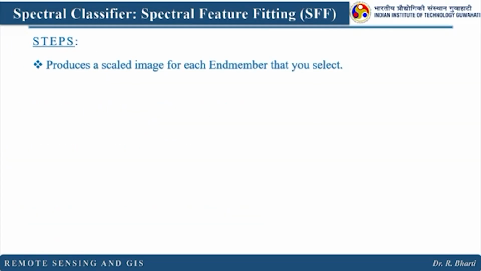So what are the different steps? It produces a scaled image for each end member that you select. Suppose you have provided 10 end members for this spectral feature fitting. You will have 10 different outputs or classified images, and each image will correspond to that particular end member, and based on the values you will be able to identify whether each pixel contains that end member, yes or no. If yes, at what percentage, what is the best fitting, right?